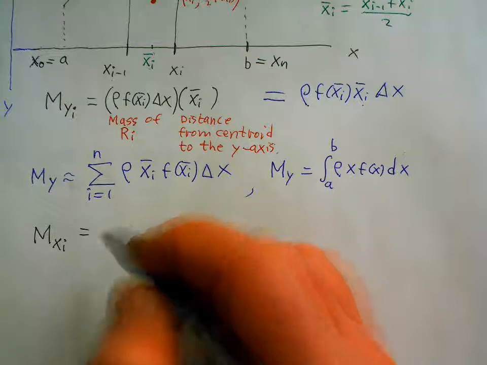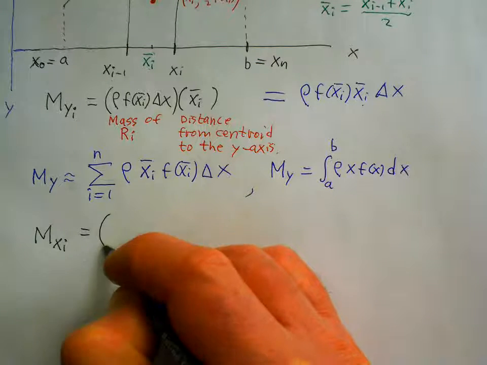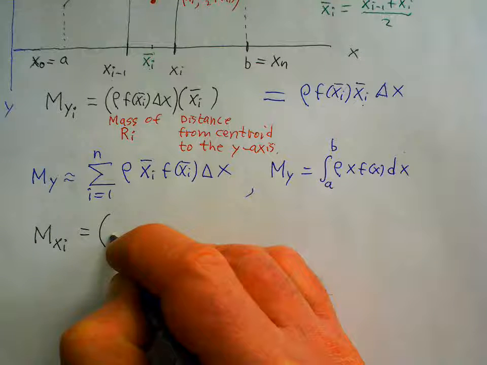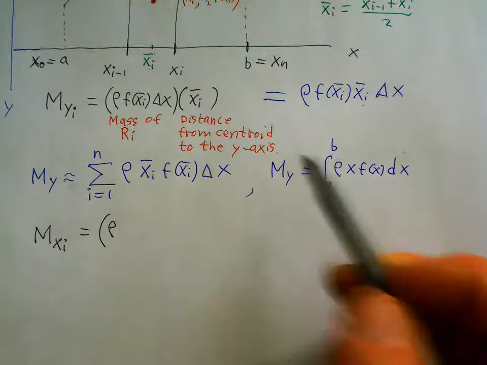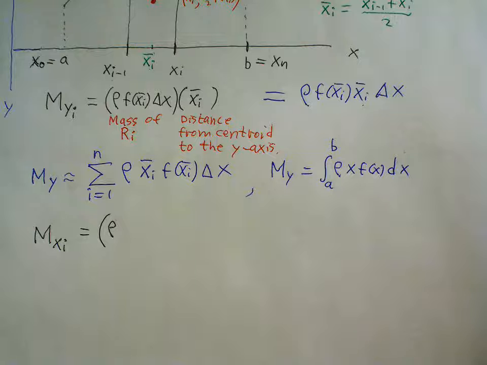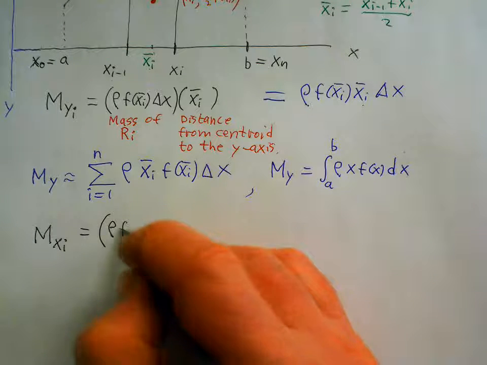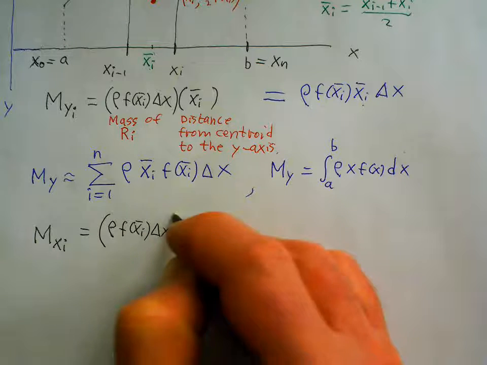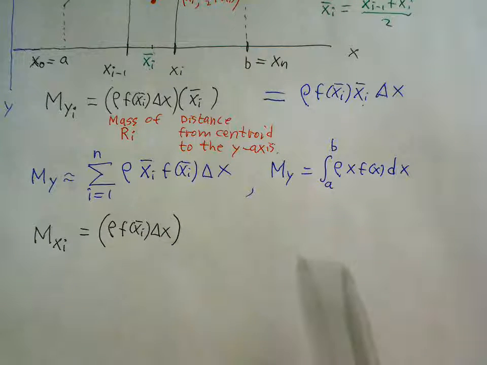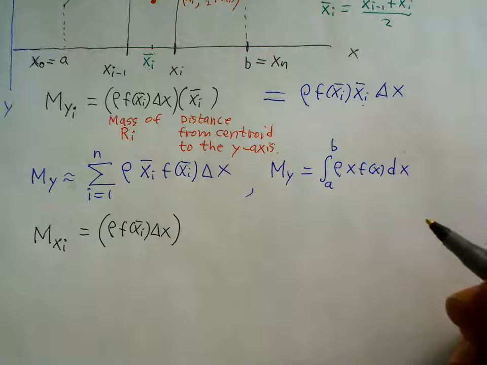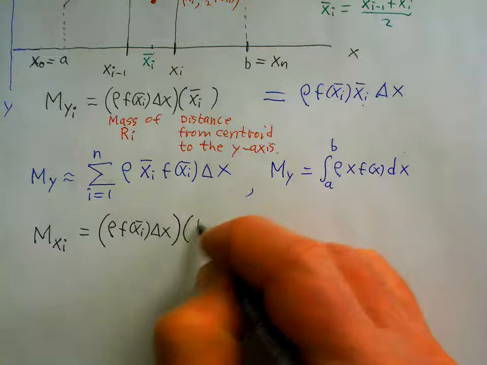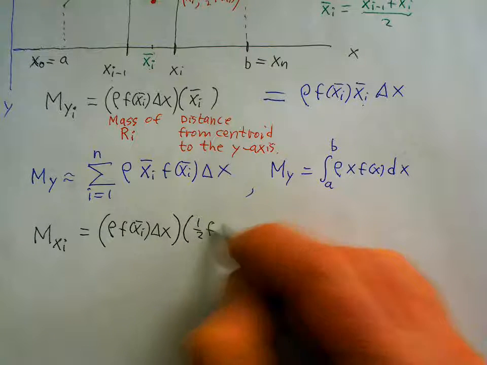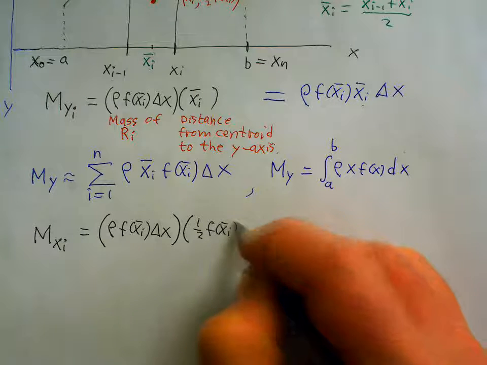So we're running out of time. So the mass is the same as it was in the previous for the moment of the system about the y-axis. So it's rho times f of x sub I bar delta x. This is the mass. And then the distance that the centroid is from the x-axis is 1/2 times f of x sub I bar.